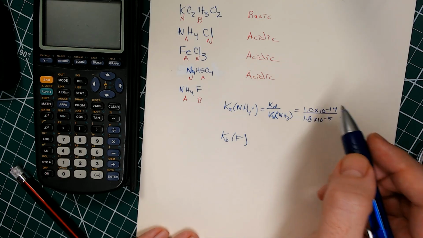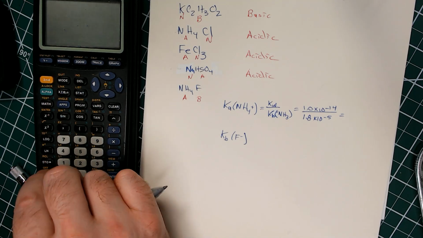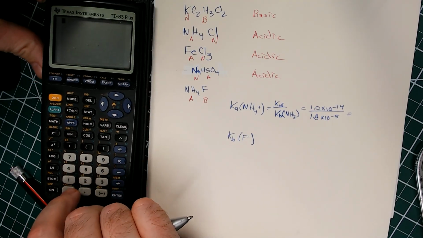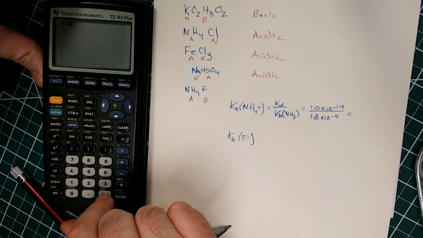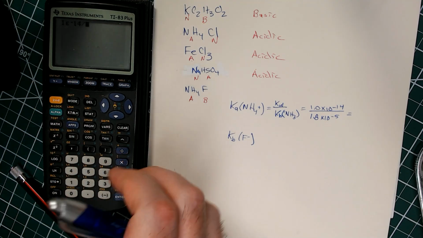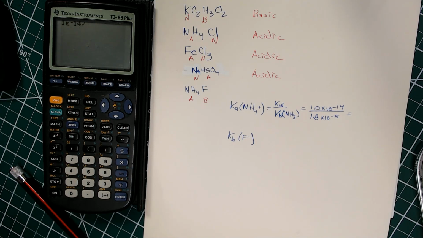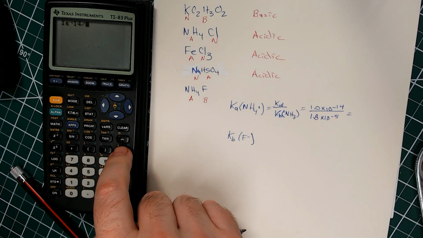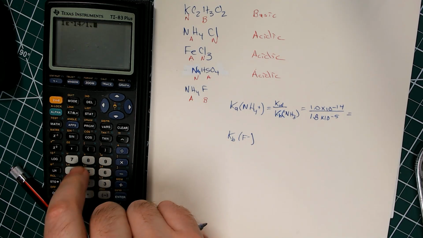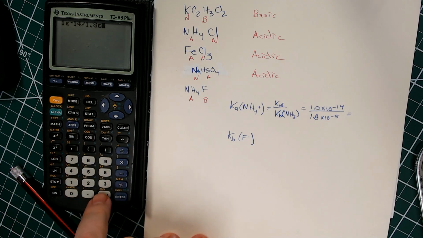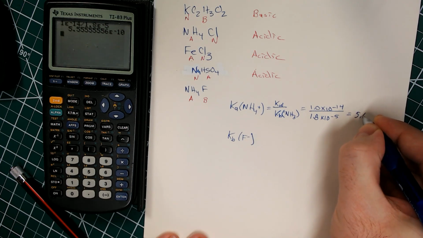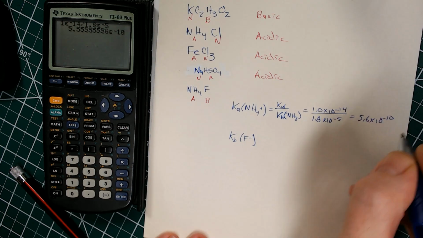All right, so we'll come back over here, and now we can punch those numbers into our calculators. So 1.0 times 10 to the negative 14, and we will divide that by 1.8 times 10 to the negative 5. And you'll see that gives us 5.6 times 10 to the negative 10.